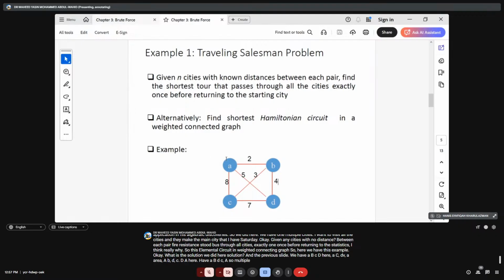So multiple options, and we have a weight for each transition from one city to another city. We add this weight to the solution and check the answer.